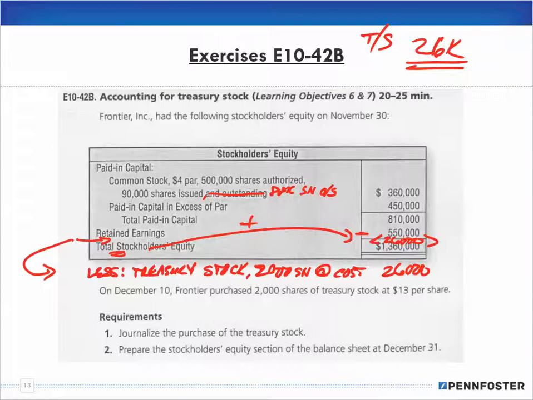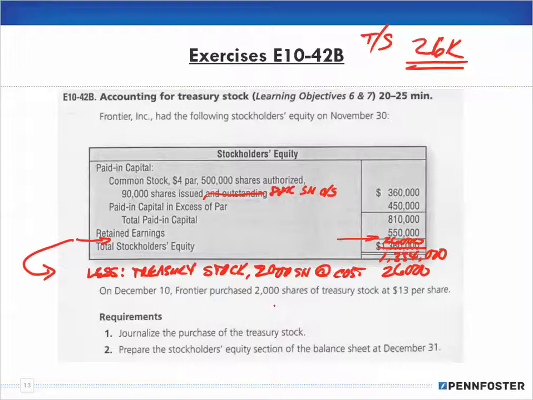So I disagree with writing it in brackets and making this a negative 26,000. It should be a positive $26,000. That changes the total amount to $1,334,000. So that would be the change I'd make to the stockholders' equity section here.